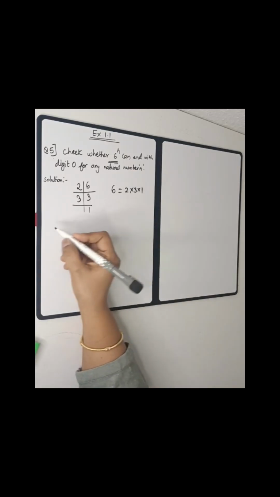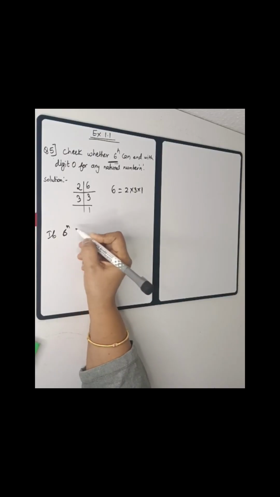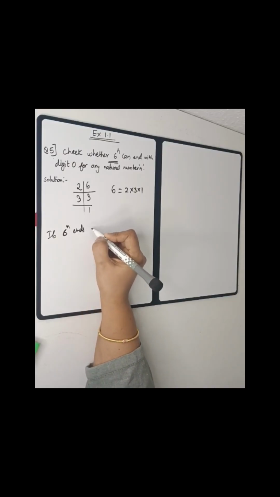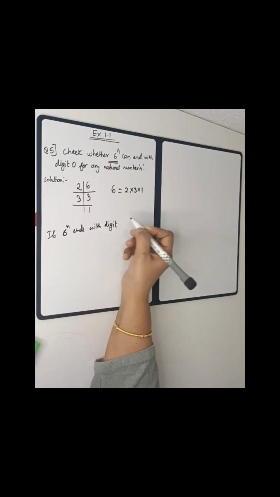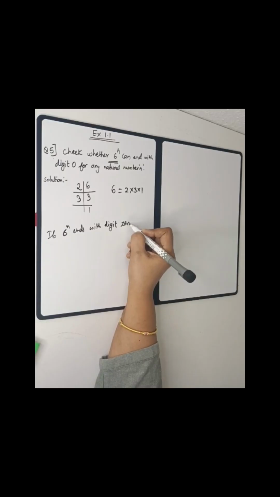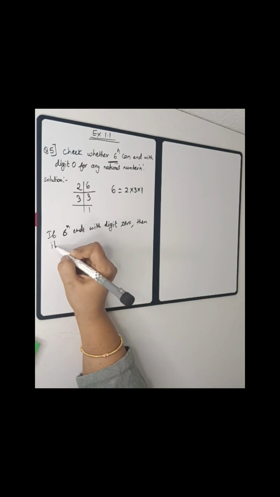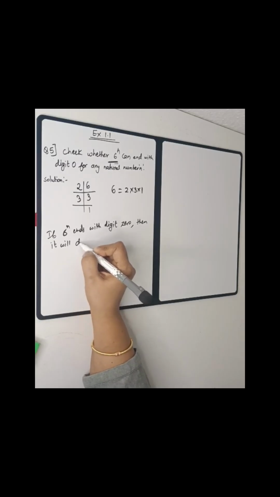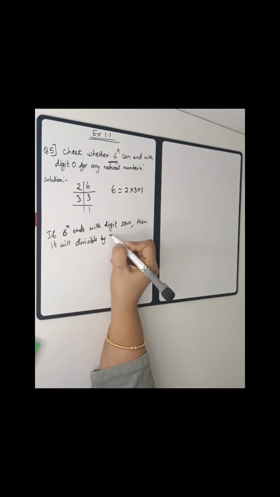Now if 6 raised to n ends with digit 0, then it will be divisible by 5, right?